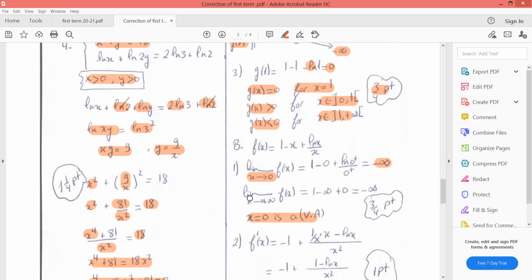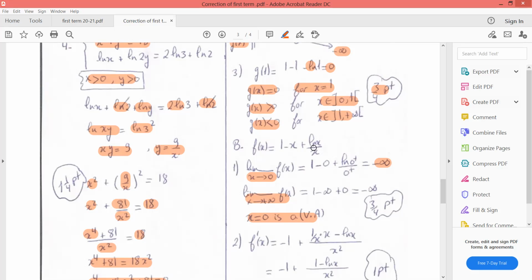Now the limit as x tends to plus infinity. It becomes 1 minus infinity. We have a property that says the limit as x tends to plus infinity of ln x over x is 0. If you don't pay attention to this rule, it will be infinity over infinity, by L'Hôpital's rule.